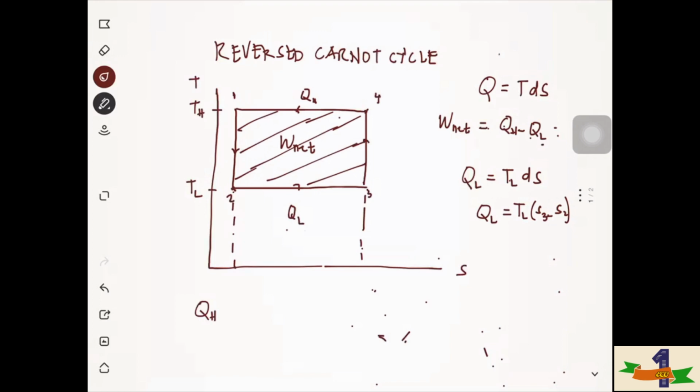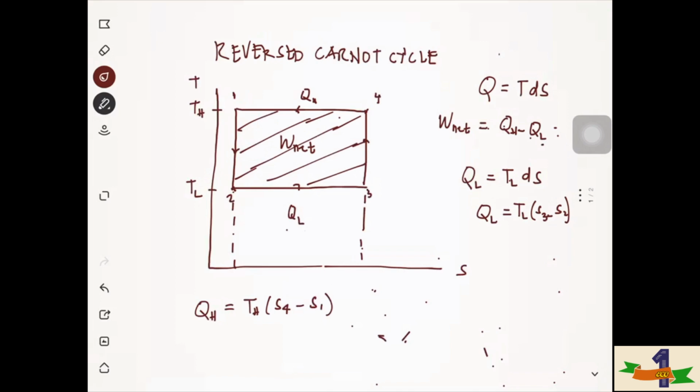Okay, and our QH, therefore, this is temperature of H times the TDS, or times the delta S. Delta S is S4 minus S1.